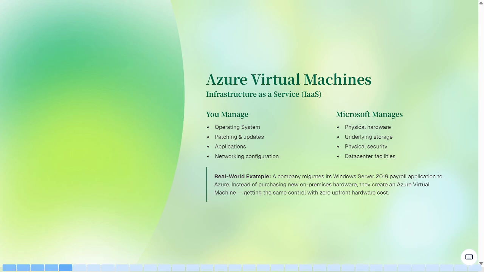For example, imagine a company that needs to move its legacy payroll application, originally running on Windows Server 2019, to the cloud. Instead of investing in new on premises hardware, they sign up for an Azure Virtual Machine.